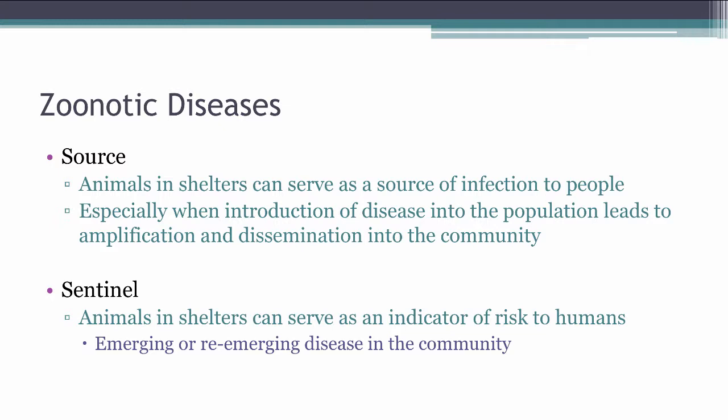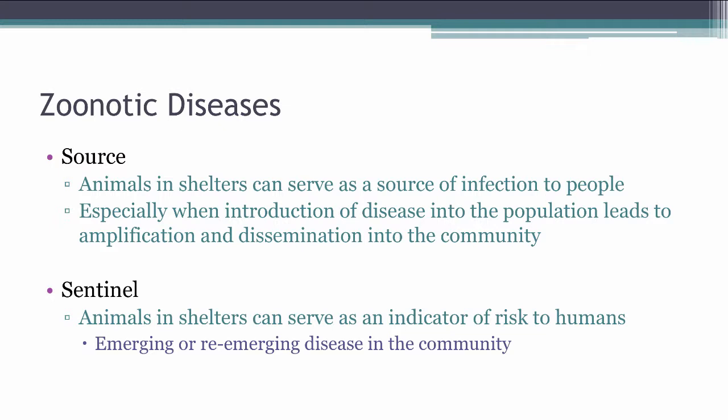And we need to be very careful because as we're concentrating animals in this environment and housing larger numbers of animals in close proximity to each other, especially with time restraints on cleaning and disinfection, it creates the kind of perfect storm for disease to spread within a shelter or amplify shelter-acquired disease, and then again disseminating into the community through visitors or through adoptions or foster homes and things like that.